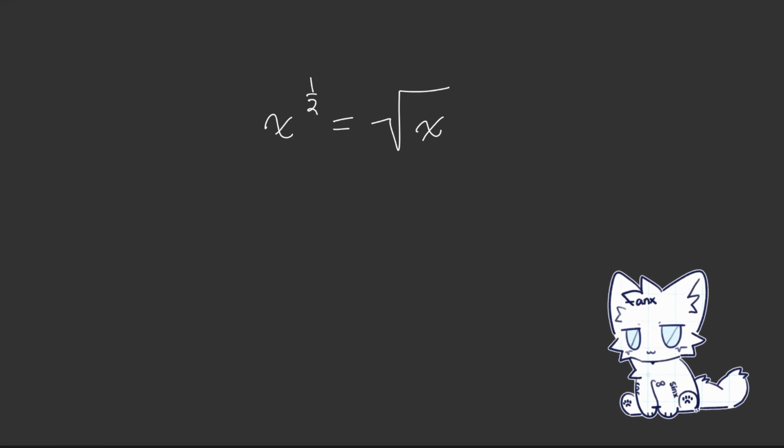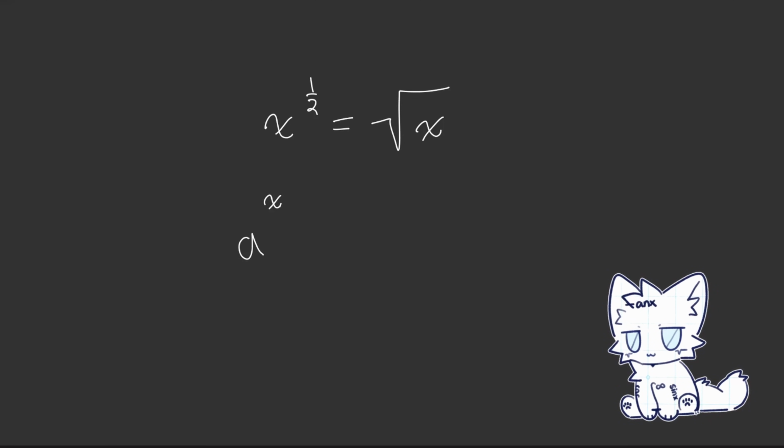Let's move on to the final rule. What happens if you have a fractional exponent? Well, this would equal the square root of x. So we have the formula a to the power of x over y. This is equal to the yth root of a to the x power.